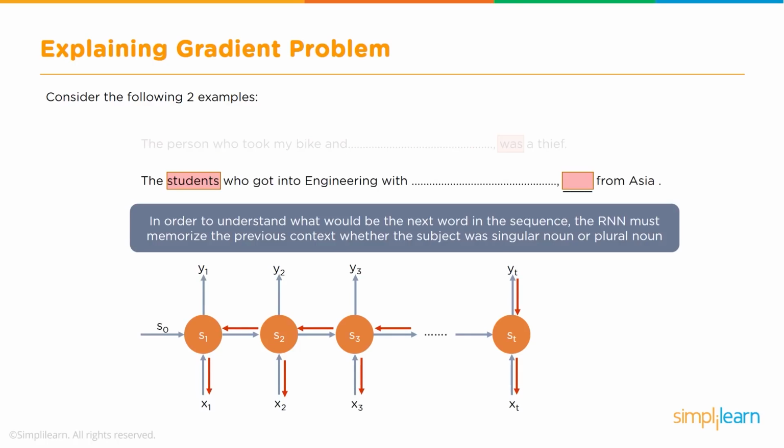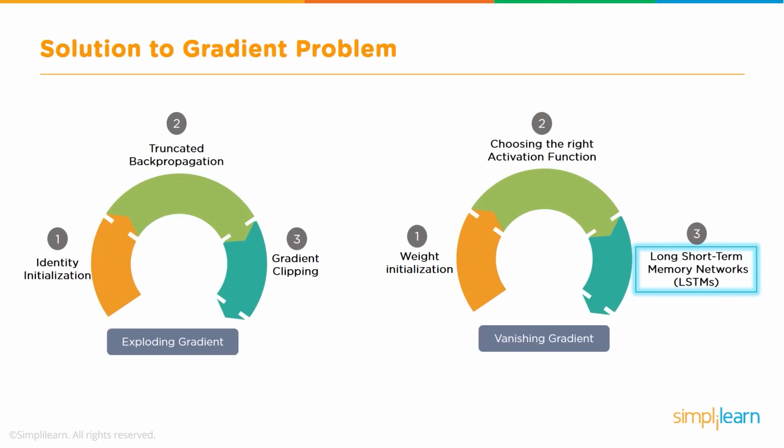The students who got into engineering, well, in order to understand what would be the next word in the sequence, the RNN must memorize the previous context, whether the subject was a singular noun or a plural noun. And so you can see here the students who got into engineering with blank were from Asia. It might be sometimes difficult for the error to back propagate to the beginning of the sequence to predict what should be the output.